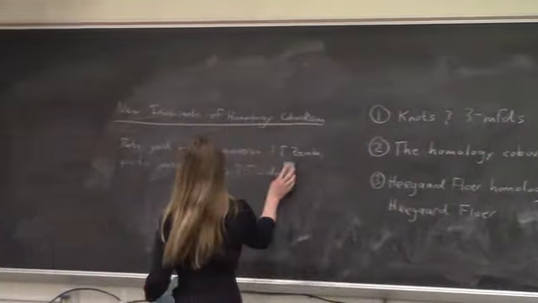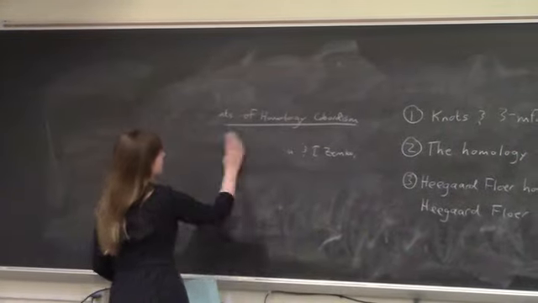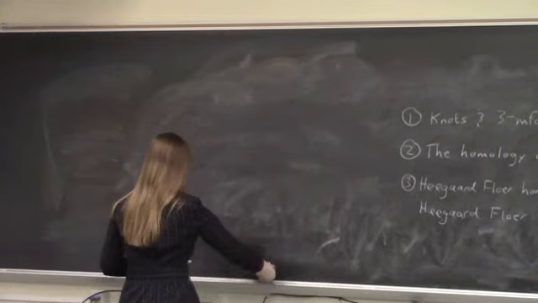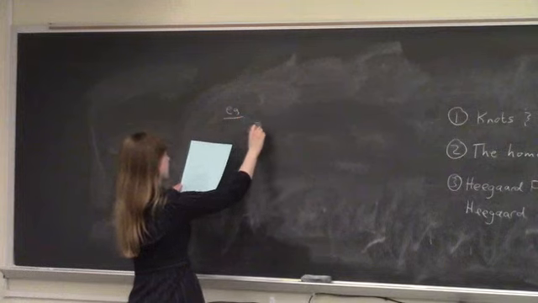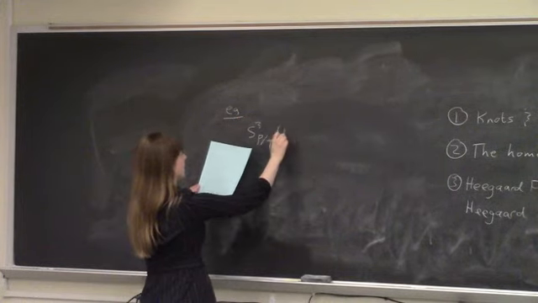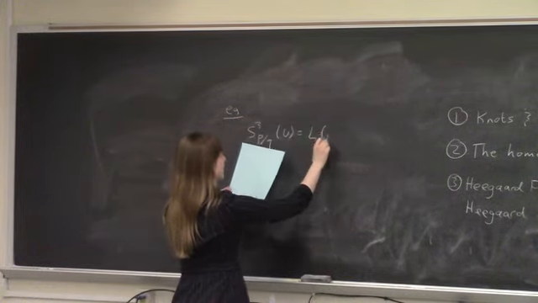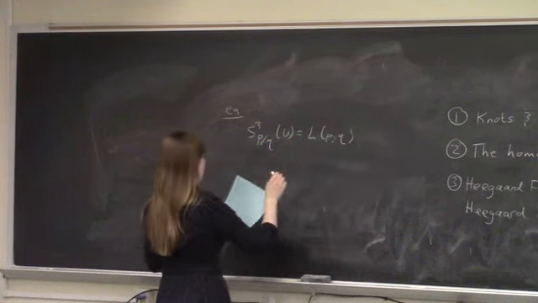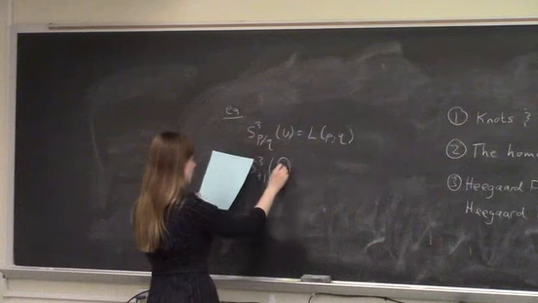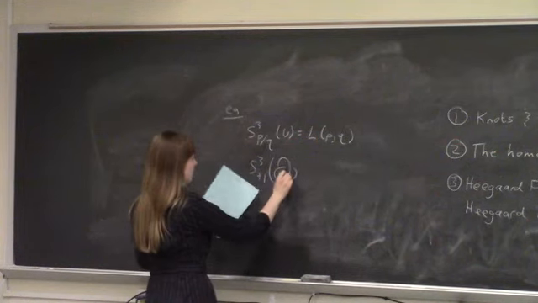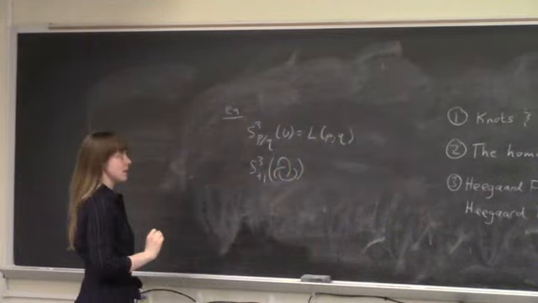So maybe a couple of examples of things obtained via this construction that you may in principle have heard of. For example, if I do p over q surgery on an unknot, I get the lens space L(p,q). If I do +1 surgery on this trefoil I've drawn, that's an oriented 3-manifold.